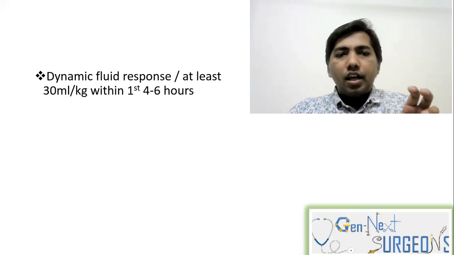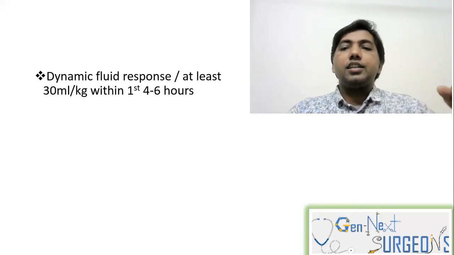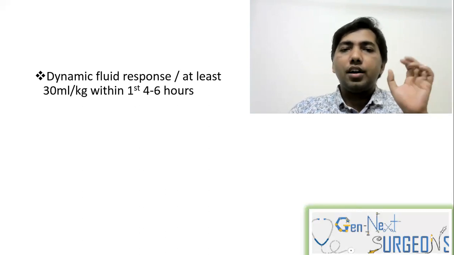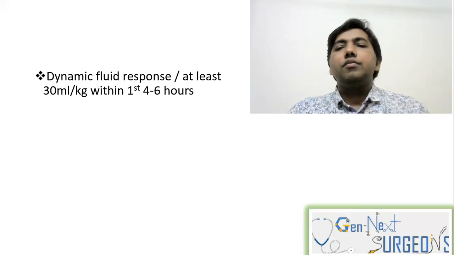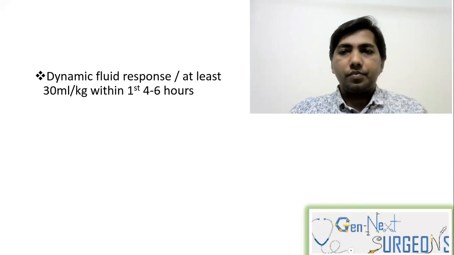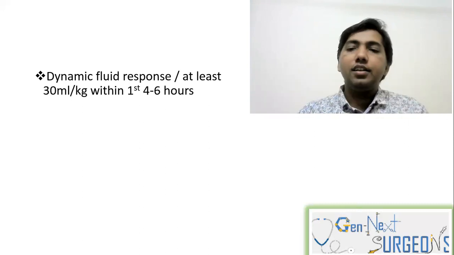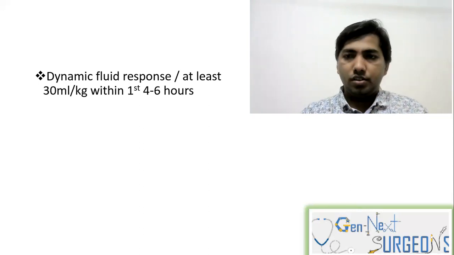Then we will infuse again another 250 to 500 ml fluid within 10 to 20 minutes. Then we measure again the pulse, blood pressure, urine output, whether there is change or not.